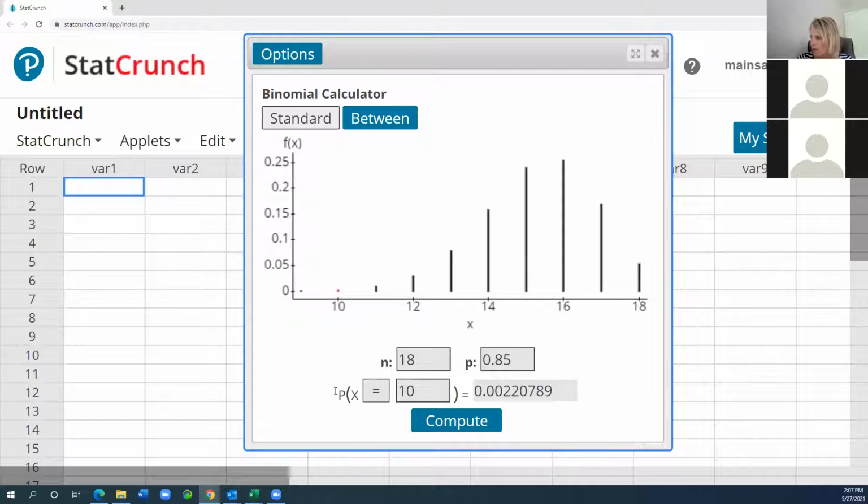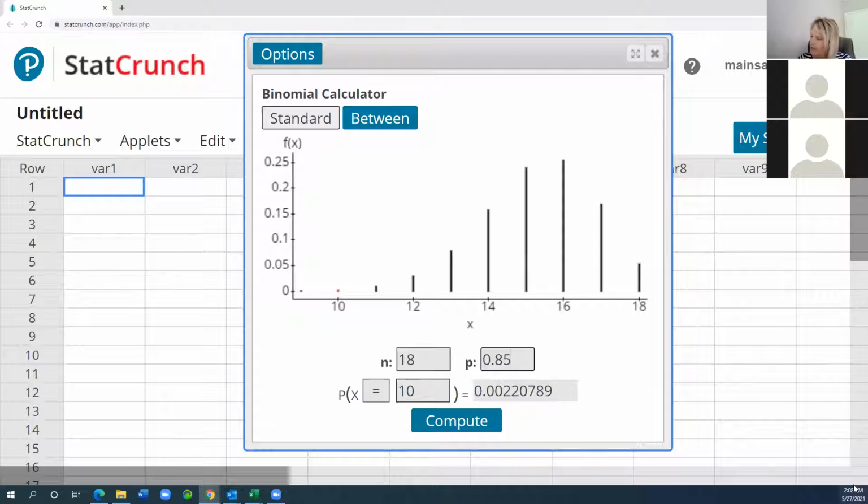So on your sheets, I want you to be showing me this right here: the probability of X equal to 10, parentheses, equals 0.0022. Sometimes we're not going to know the X, we're going to know the probability, and we're going to get into that situation in chapter 7. And so I want to make sure that we're writing them out correctly.